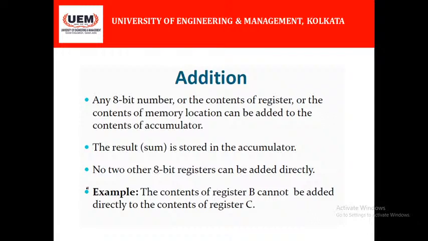In the case of arithmetic instructions, we observe that an 8-bit number, the contents of a register, or the contents of a memory location can be added to the contents of the accumulator. So the conclusion is that all the arithmetic instructions are basically one address instructions.